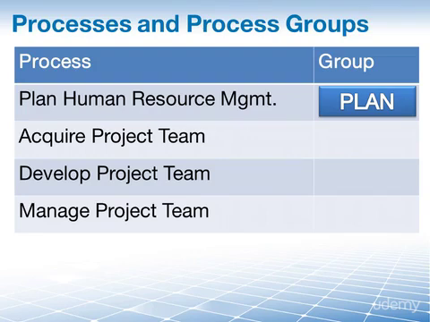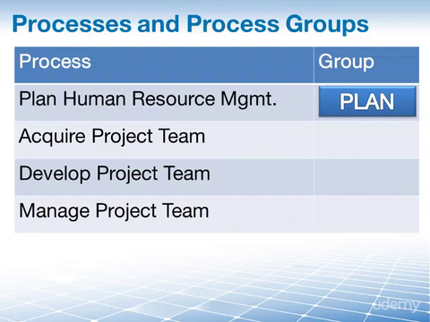We actually go out, we find people, we hire people, we bring them on board. Once we have them on board, we need to develop them. Maybe their skills are lacking, so we give them training, we find that training, we make sure that everybody is working at their top performance, and then we have to manage project team as well, because there's going to be conflict, and we're going to have to work with people and resolve these conflicts.